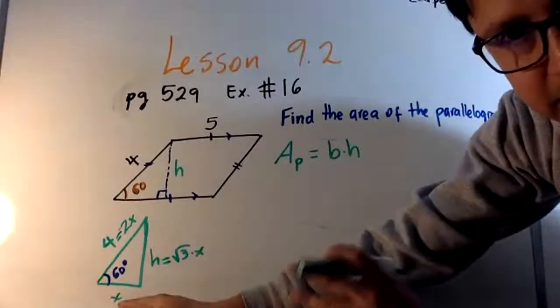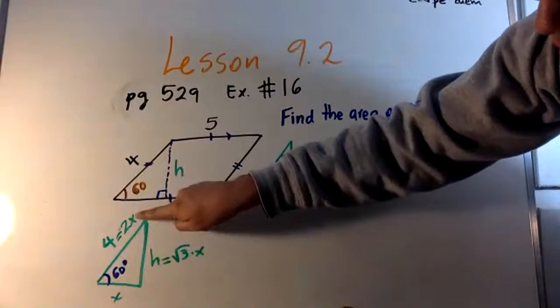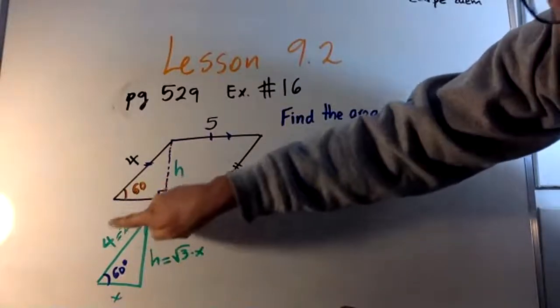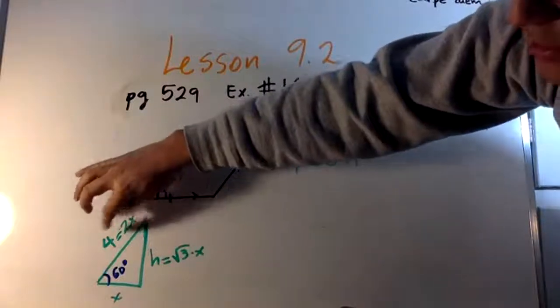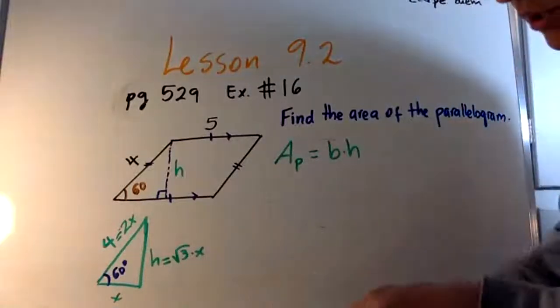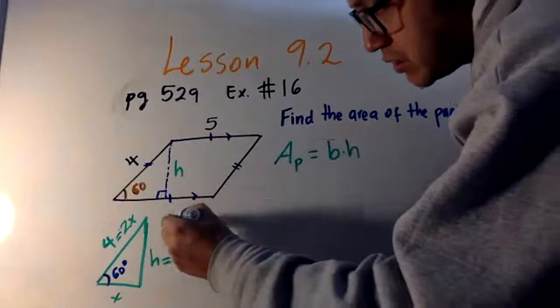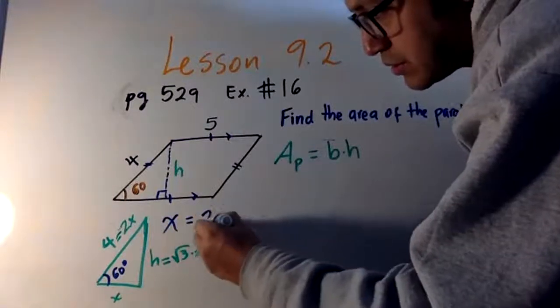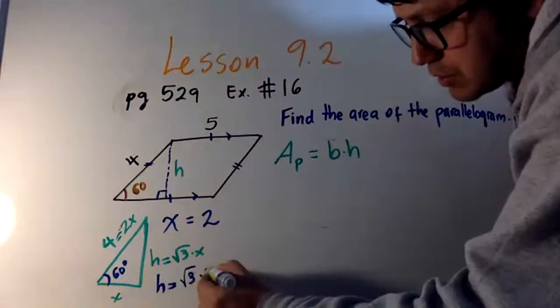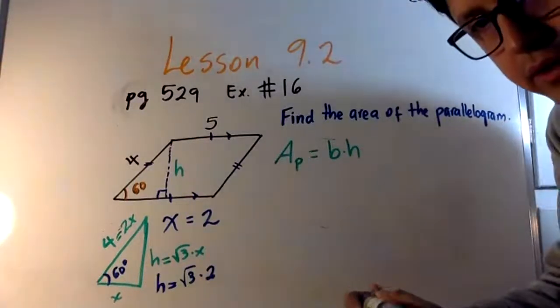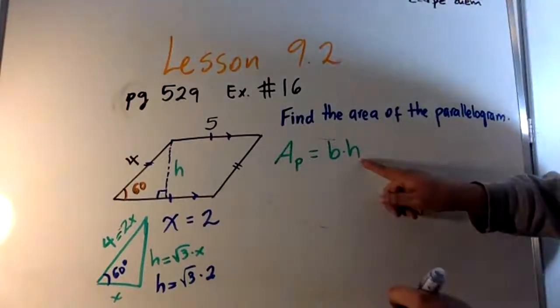This height doesn't tell me anything, but x is also here, and this relationship can tell us what x is. What number multiplied by 2 is 4? It's very simple. So hopefully you already know that x equals 2. With that in mind, multiply square root of 3 by 2, and this is the value I need.